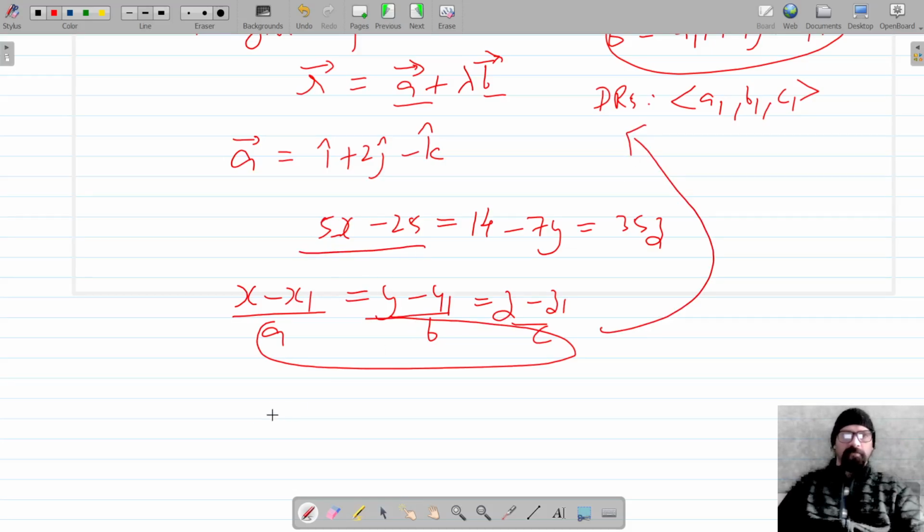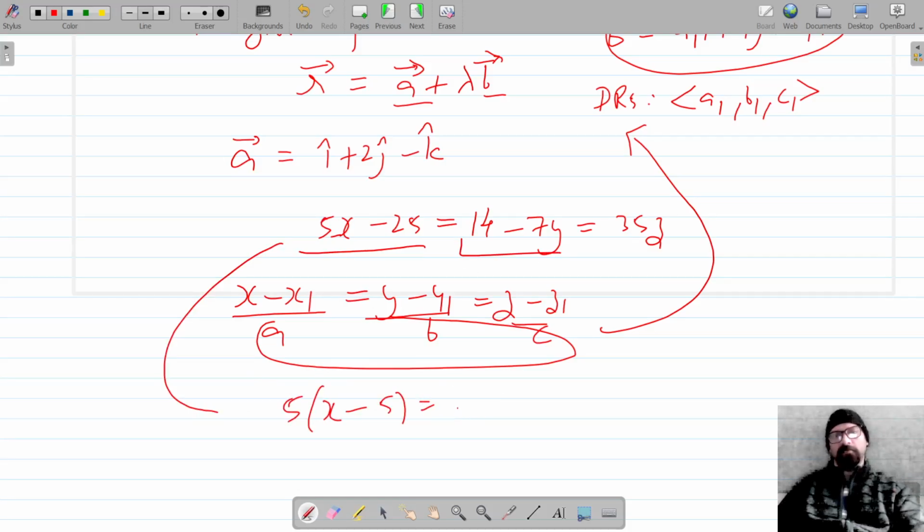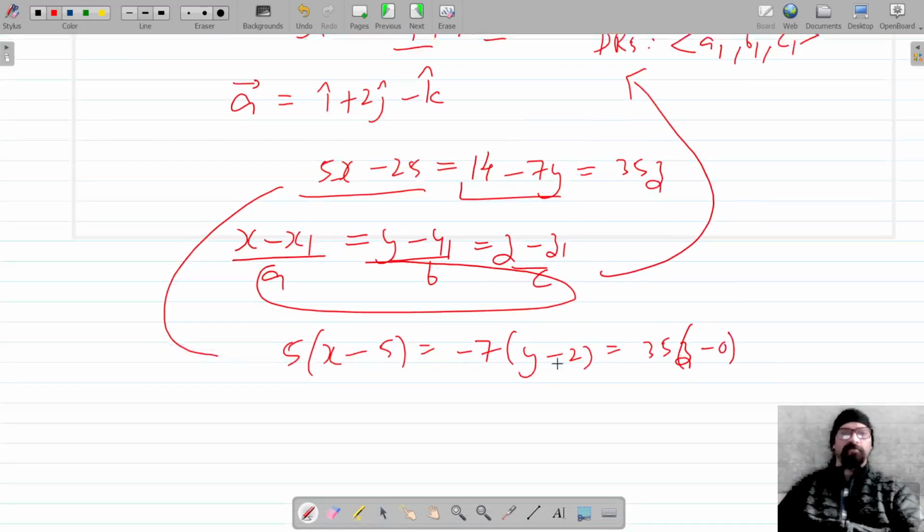Okay, so this can be written as 5x minus 25. I can write this as 5 common. This is x minus 5. And in this, I can take negative 7 common. So this is y minus 2. And this is already 35z. So I can write 35 into z minus 0.